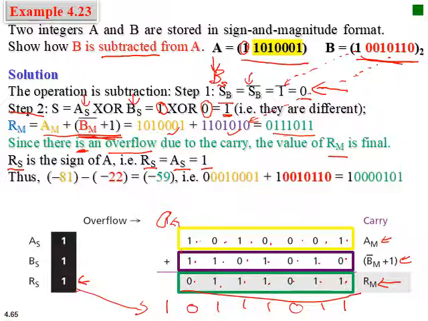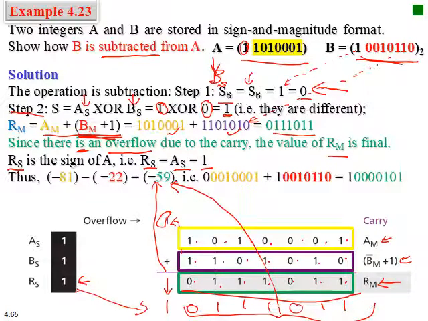And in this final answer, seeing that 1, it's a negative value. If you do a simple binary conversion of that, you will get the value negative 59.